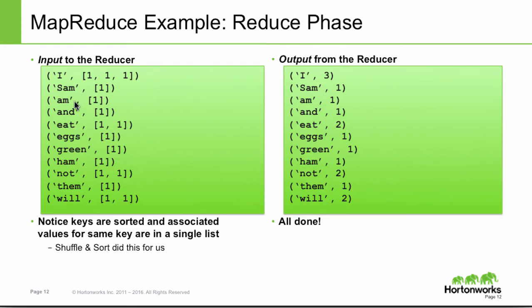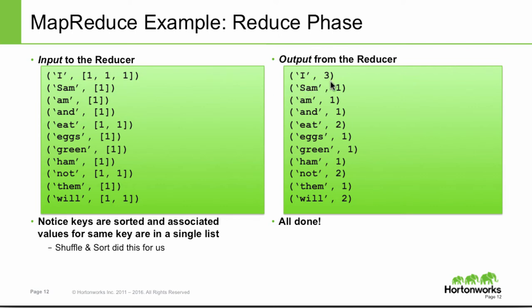So let's verify that's the case. I 3 times, will 2 times, eat I think we said 2 times, and I think there's a few other words, not. And then what this reducer is going to do is each one of these key value pairs will get processed, and if you remember the logic, all it did is count up the values that were inside of there.